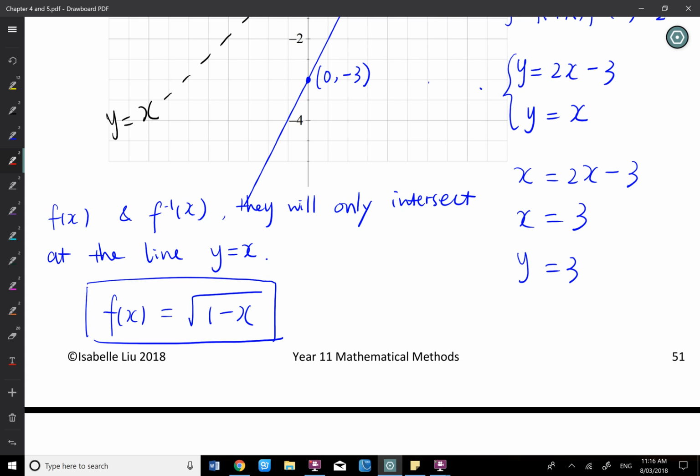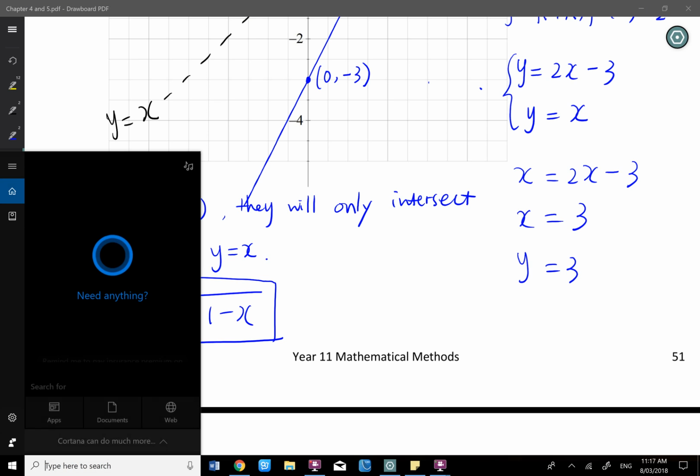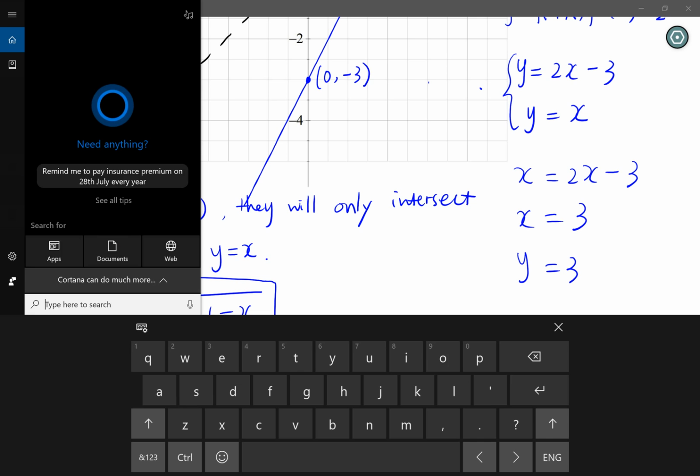Okay, so then let's have a think about this question. I just open another page. Also go through some calculator skills with you.